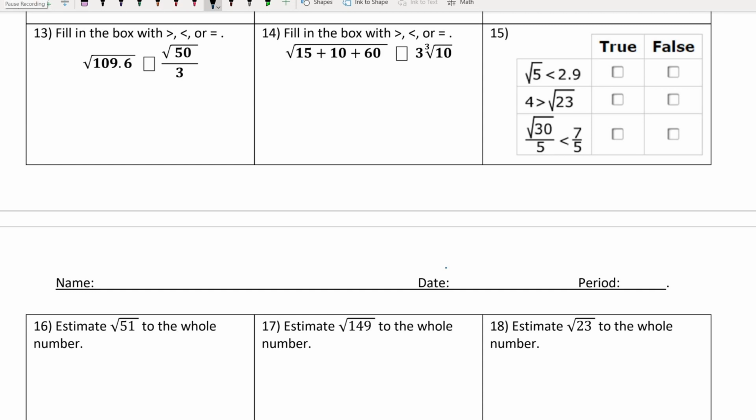So we're going to begin with problem number 13. We'll continue with what we learned earlier.